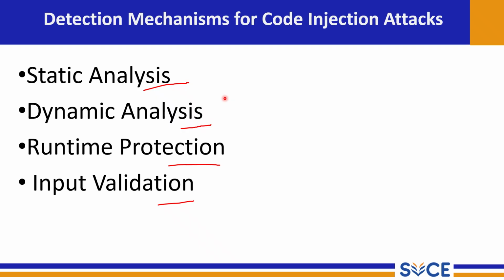And the third one is runtime protection. Runtime application self-protection, that is RASP, solutions watch an application's behavior in real time to identify and stop suspicious activities. These systems can detect code violations in real time by looking at patterns like an unfamiliar structure of a query or suspicious system commands.